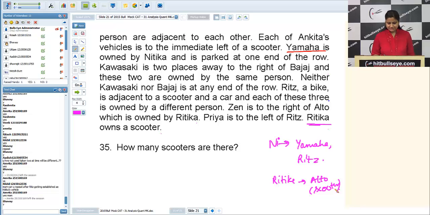Now, Kawasaki is 2 places away to the right of Bajaj, and these two are owned by the same person. Neither Kawasaki nor Bajaj is at any end of the row. Ritz, a bike, is adjacent to a scooter and a car, which we have used.